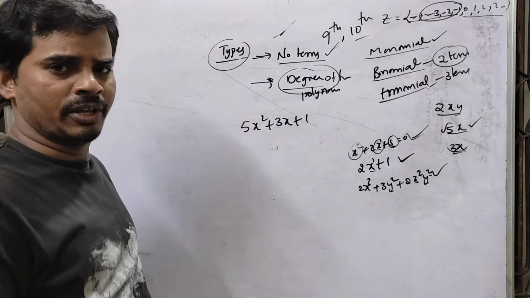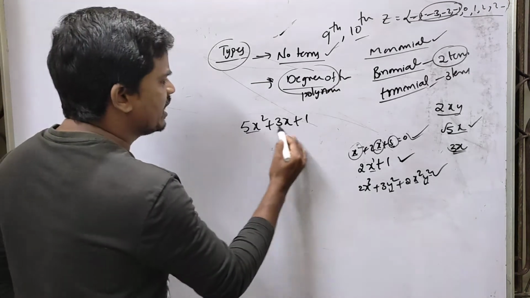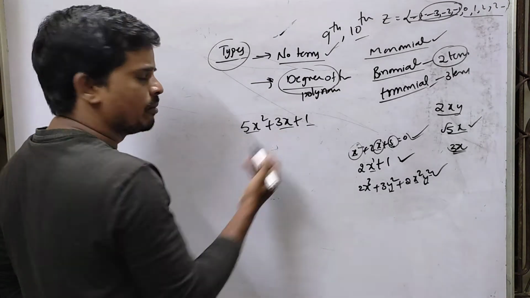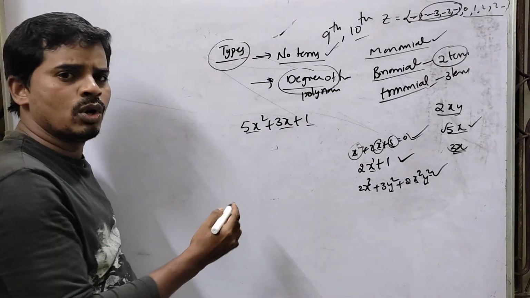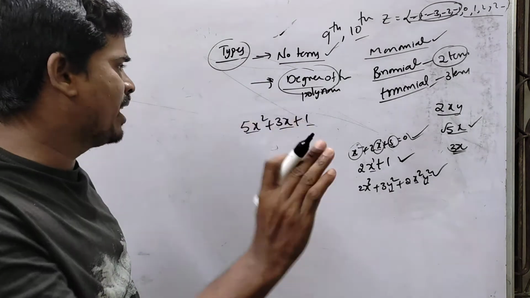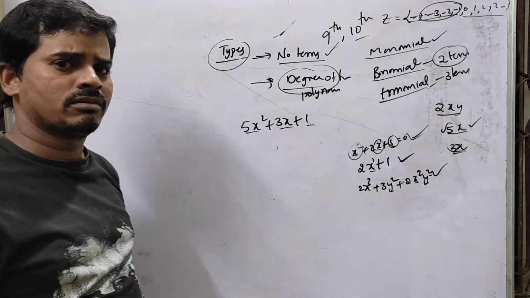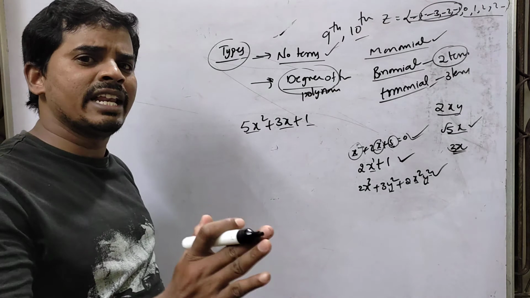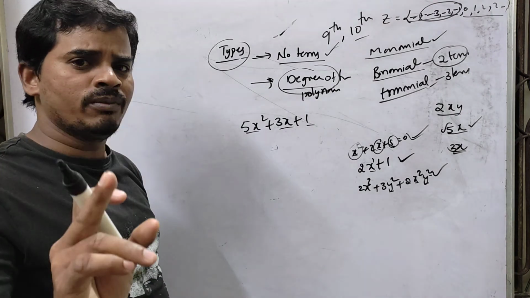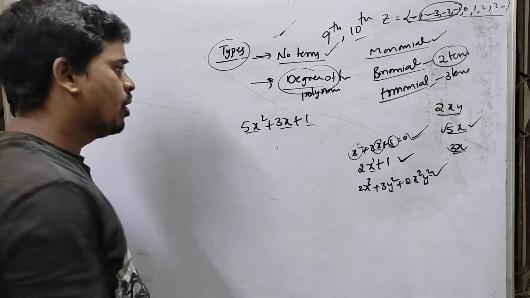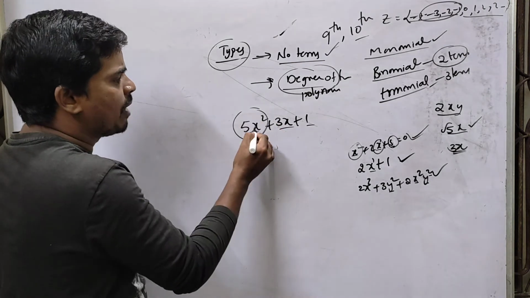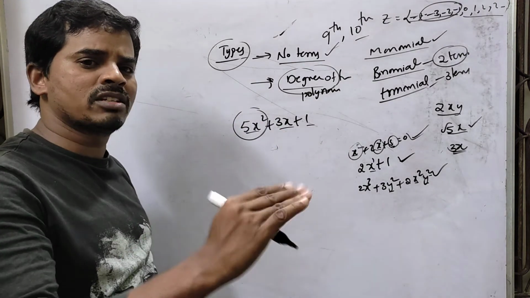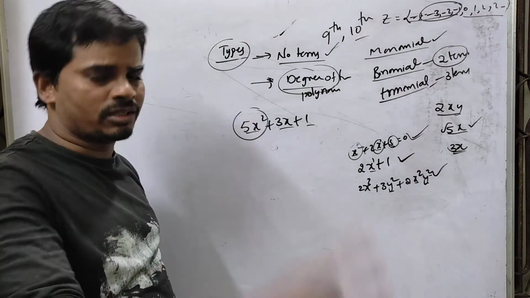It's a polynomial with three terms, and x is the variable. We have to find the degree of the term first. Degree can be calculated for the term basically. Degree means the power of the variable. The sum of the powers of the variables is called the degree of the term.